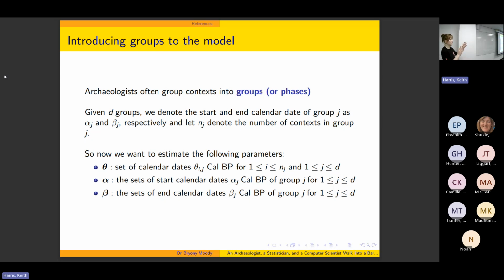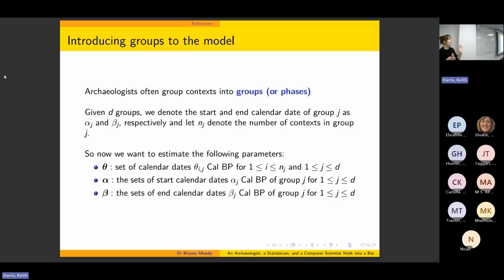If it was Roman pottery, and then later on you found some context that made you think it was Norman, for example, they'd be able to group it based on that information. That grouping is helpful because it allows us to imply additional constraints within the model.